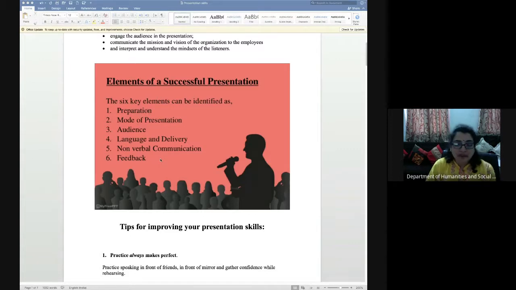In the last point, we have feedback, that how the feedback should be. The feedback is good when at the end of the presentation, the audience is satisfied with whatever you have said and whatever your goals were. You have conveyed it, the audience is able to understand what your goal is and what the conclusion and result of this presentation was, and they leave the hall satisfied.